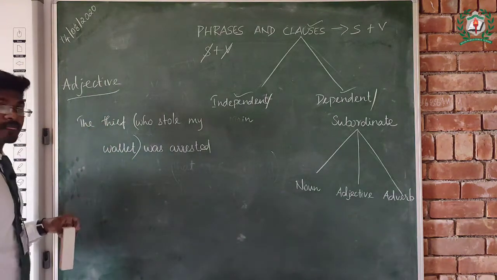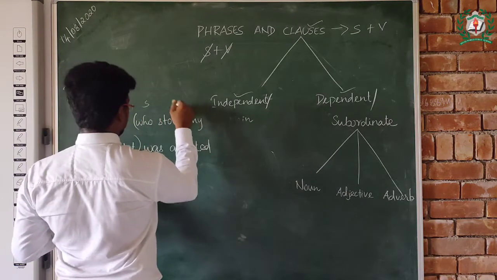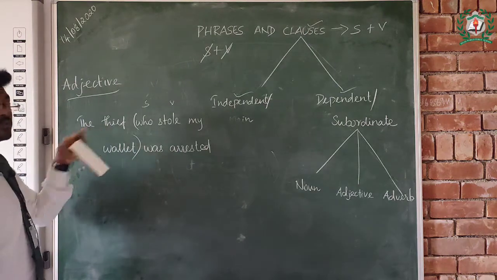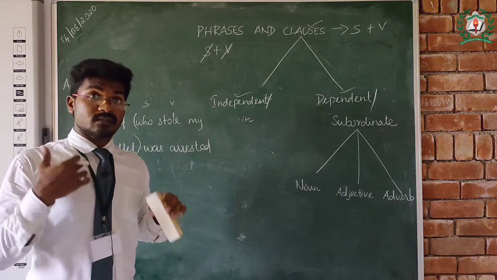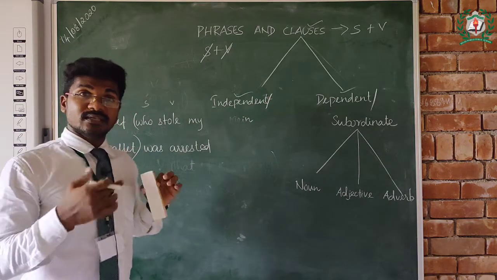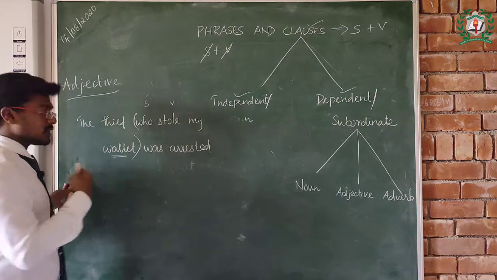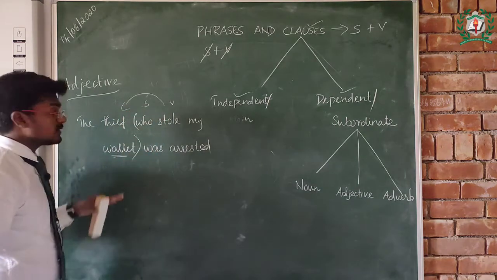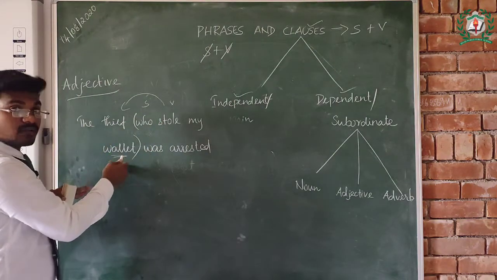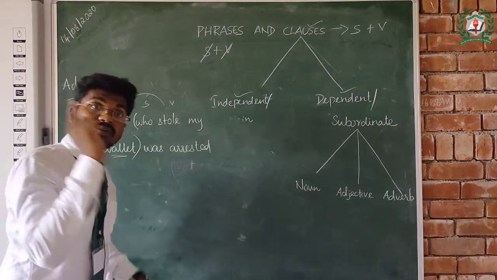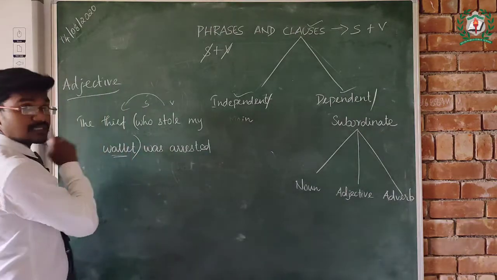This is the noun, and here if you see, subject and verb are here. Who is the thief? There are many thieves, but particularly who stole my wallet? So this is the adjective clause. "Who stole my wallet" represents a particular thief, and it tells about the thief, so this is an adjective clause.